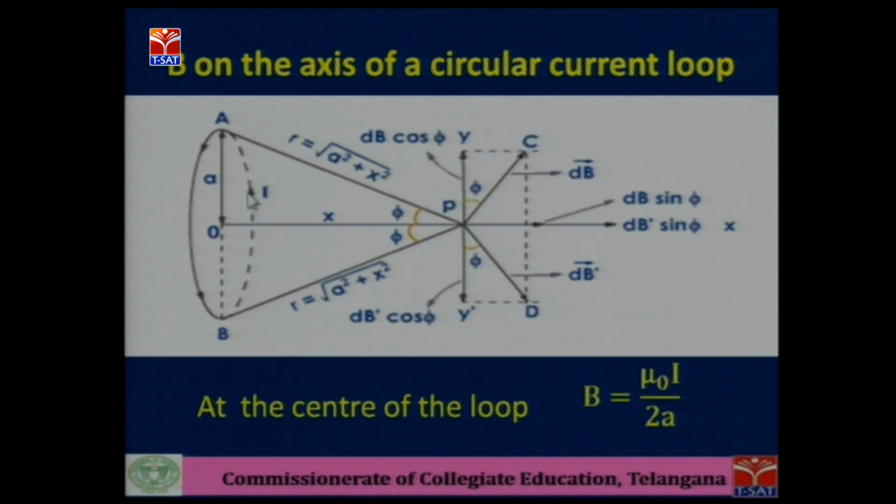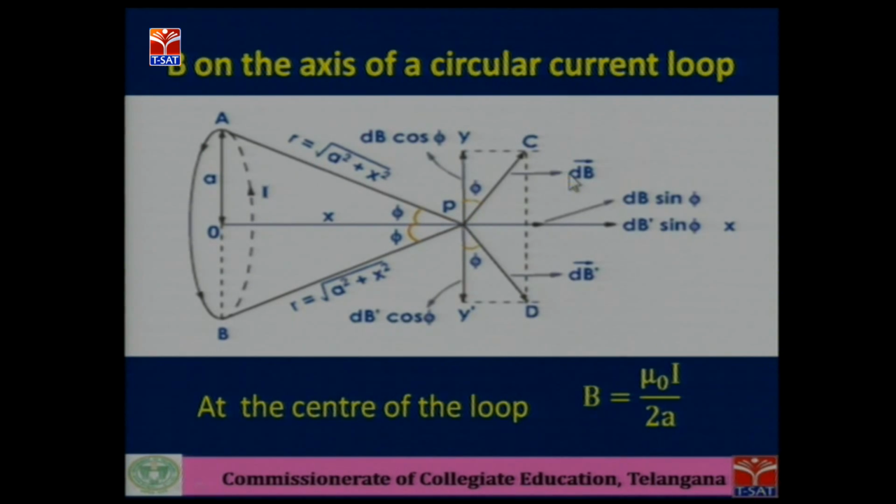Let us also assume a current I is passing in this loop in the anti-clockwise direction. We consider a point P at a distance x from the center of the loop. Our aim is to find the magnetic field at the point P due to the current passing in this loop. So how do we calculate the magnetic field?